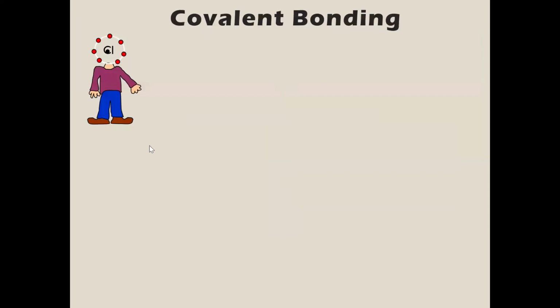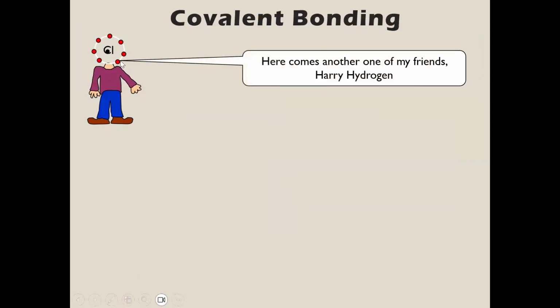The covalent bond. An example is hydrogen chloride. The atomic number of chlorine is 17. So when we distribute the 17, it will be 2, 8, 7.